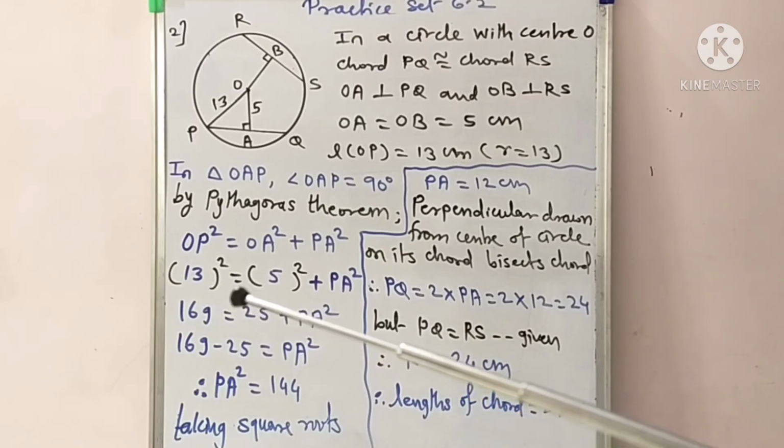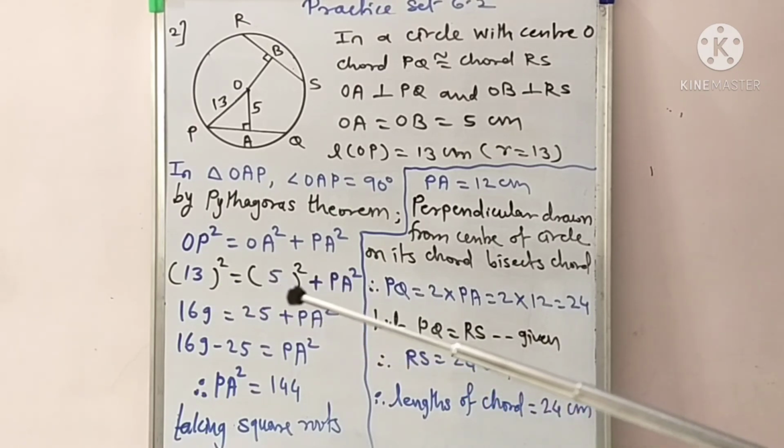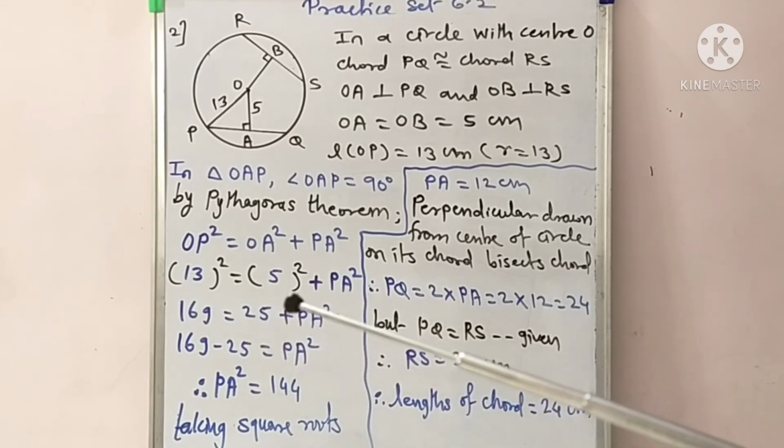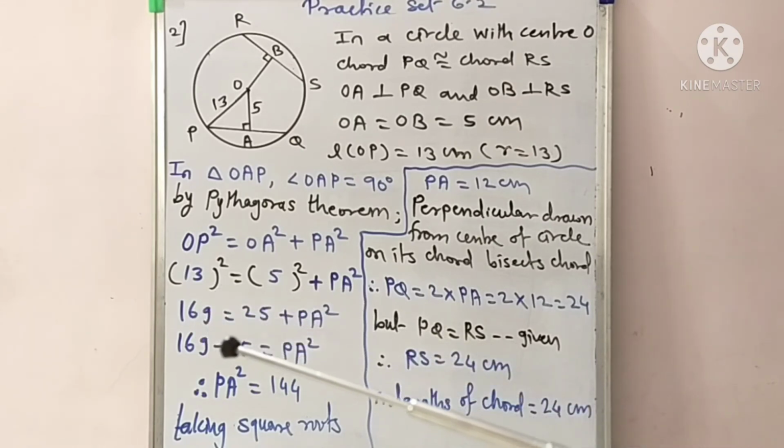So 13 square equals OA, given as 5, so 5 square plus PA square. Squaring both numbers, the square of 13 is 169, equal to the square of 5, which is 25, plus PA square. So PA square, by subtraction, 169 minus 25, we get 144. Taking square roots on both sides, the length of PA we get as 12 centimeter.